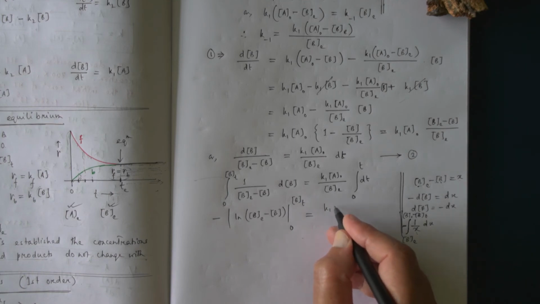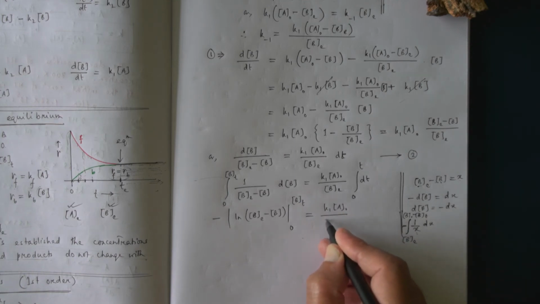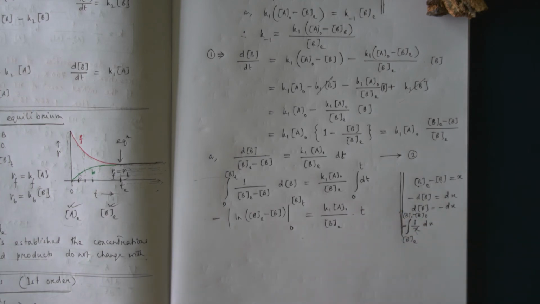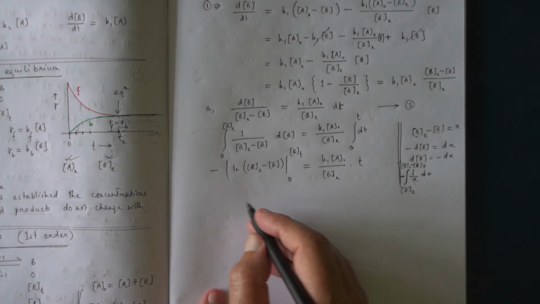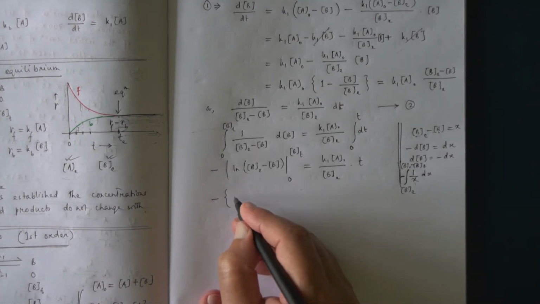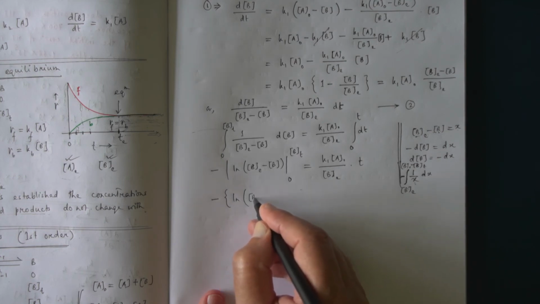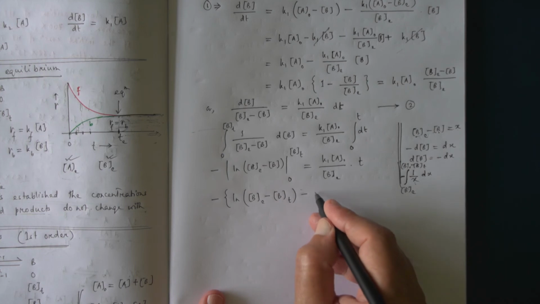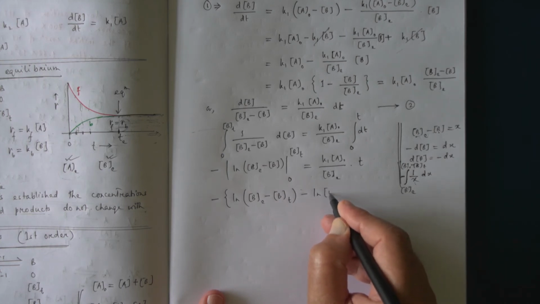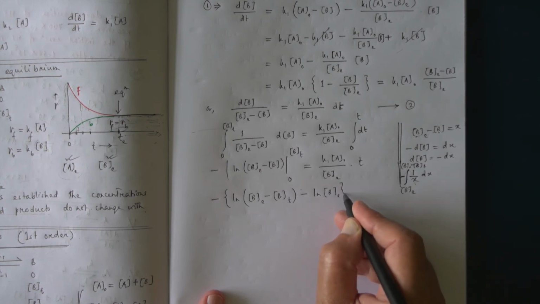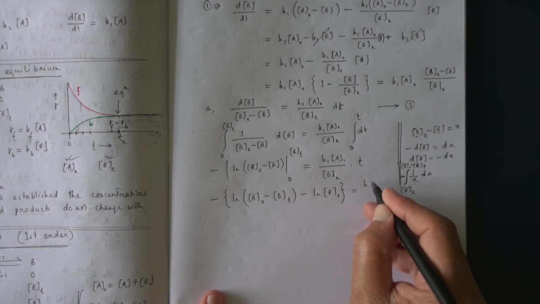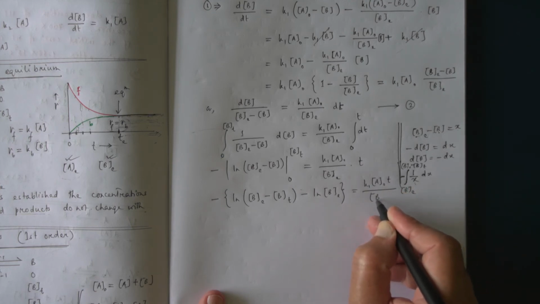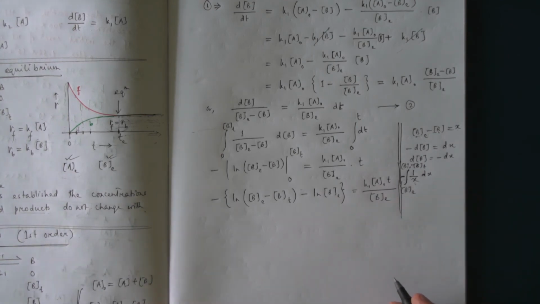equal to k1 a naught by be into t. Now you put the limits: minus ln (be minus bt) minus (minus ln be) equal to k1 a naught t by be.